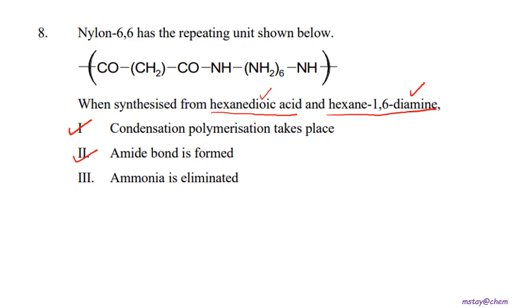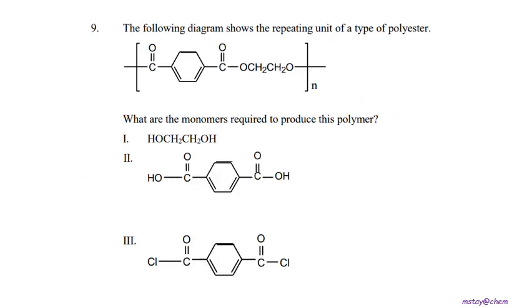From the carboxyl group, it will remove the OH, while the amino group will remove the hydrogen. So H and OH combine and eliminate water, not ammonia. So the answer is 1 and 2 only.